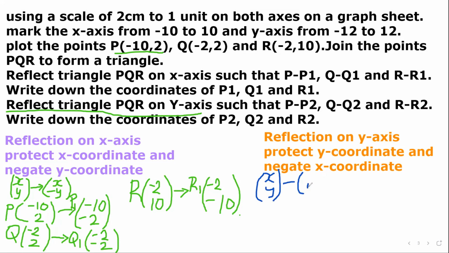So you write the y first, and then you negate the x coordinate, okay? Because it's reflected on the y-axis, you protect the y coordinate without changing anything, and then you negate the x coordinate. So you are using the same point P to reflect on the y-axis.